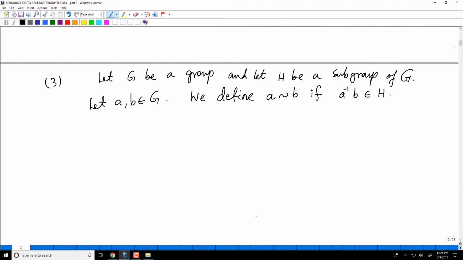Now let's check that this is an equivalence relation. What are we saying? Let H be a subgroup of G. Two things are equivalent if this element constructed from them is in the group H. This is an equivalence relation. Why?